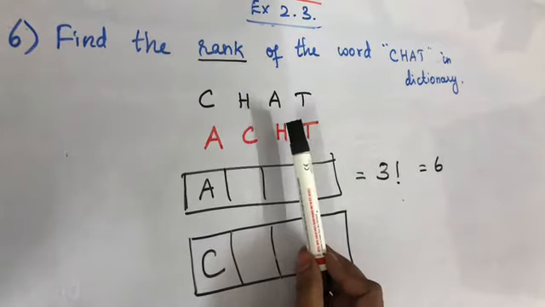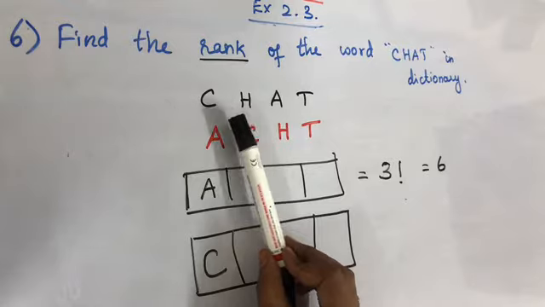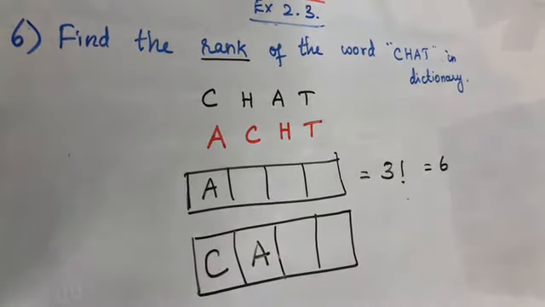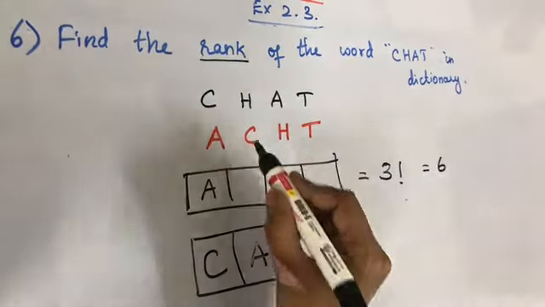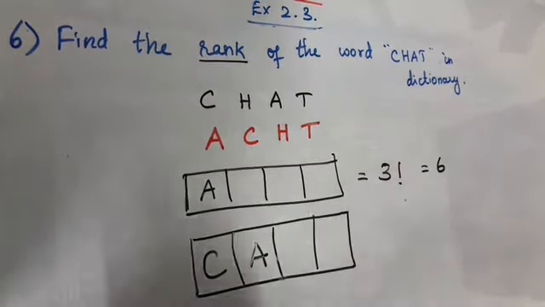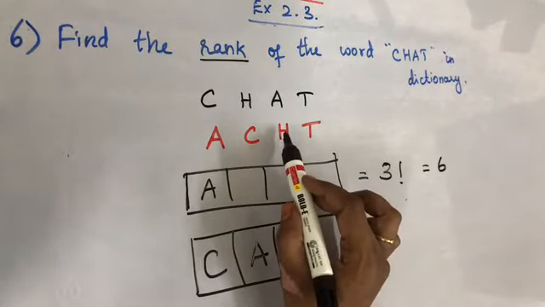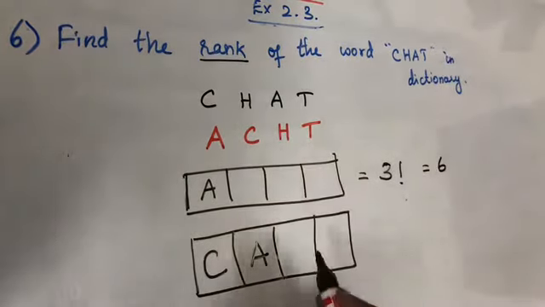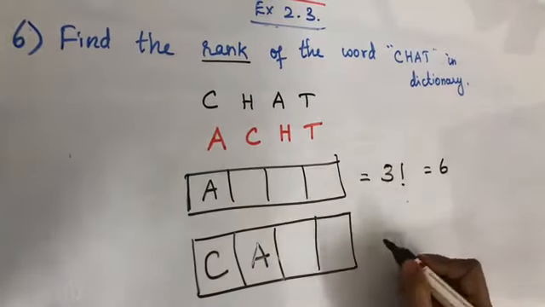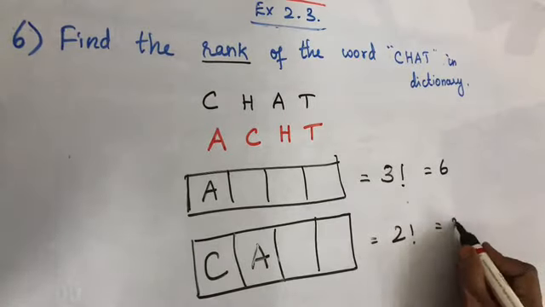A, H and T. Now, the letter which is before C is A. So first I write C, then the previous letter A. Then these two places can be filled with H and T in 2 factorial ways. It is equal to 2.